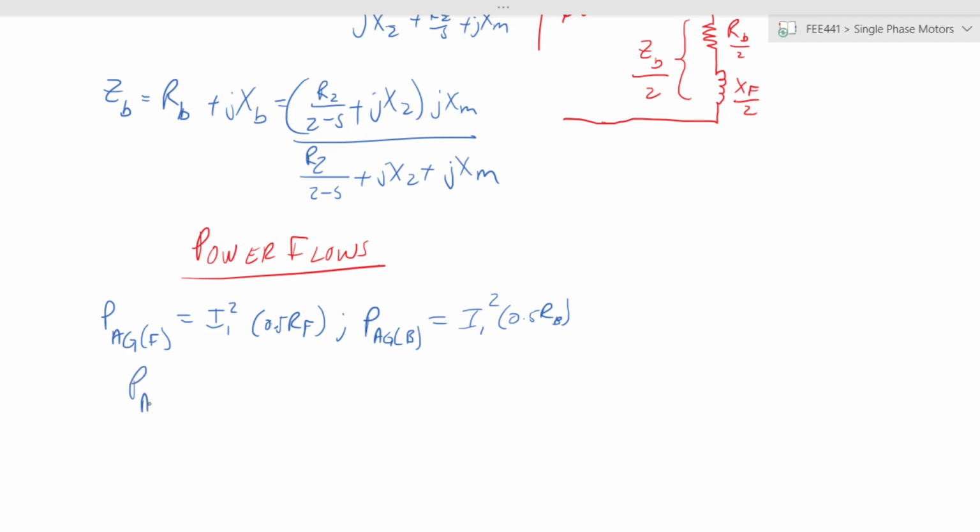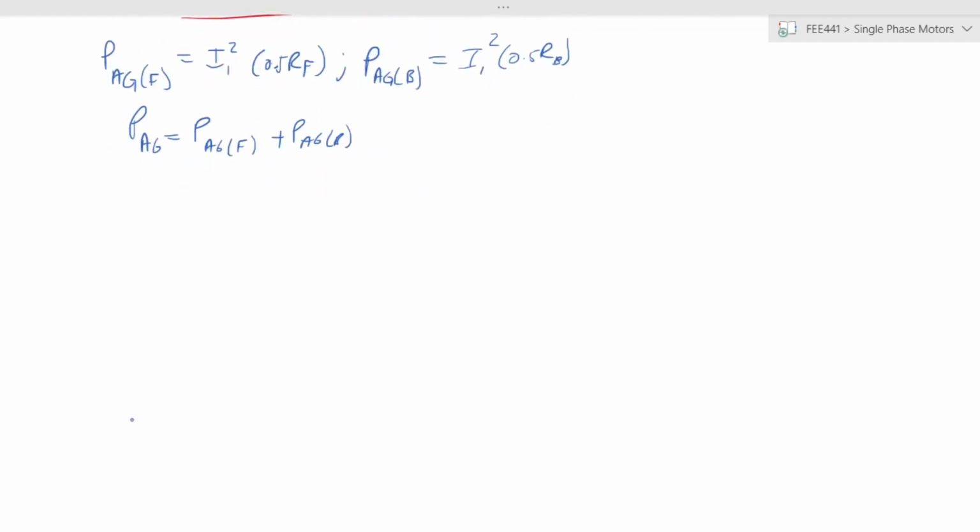And therefore, the total air gap power adds up the forward and backward components. Similarly, when we look at torque, the induced torque is given by air gap power over synchronous rotating speed. But we already know the air gap power up there, so these can be obtained from those components that we have up there.